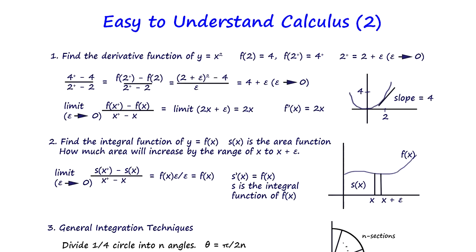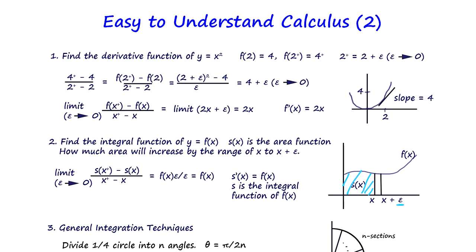Okay, now we derive the integral function. Find the integral function of y equals f(x). Suppose you have an f(x) function, general form like that. Now S(x) is the area within this region. Now we consider how much it has increased by an infinitesimally small increment of x, which is epsilon.